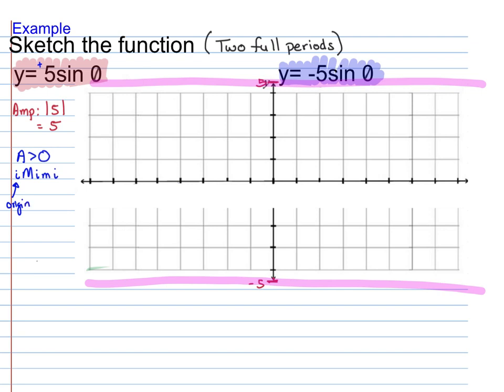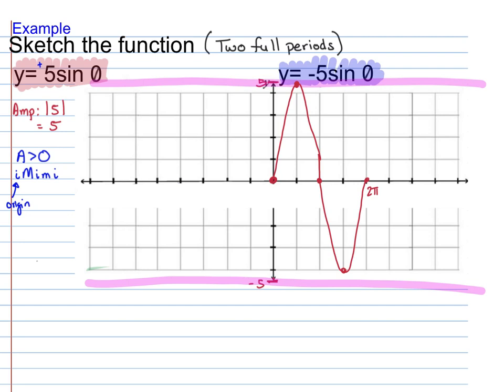So I'm going to have it start here, and it goes to my max, then another intercept, then a min, then an intercept. This right here is one cycle at 2 pi.